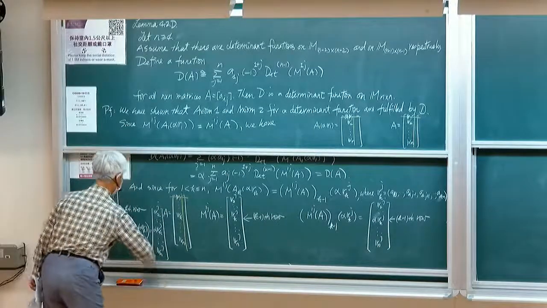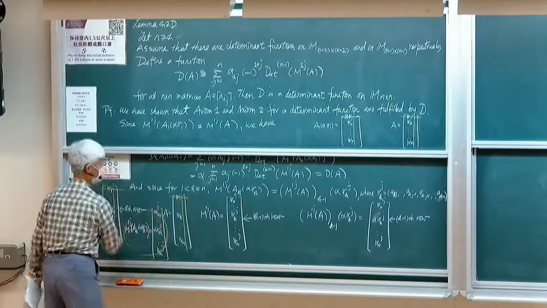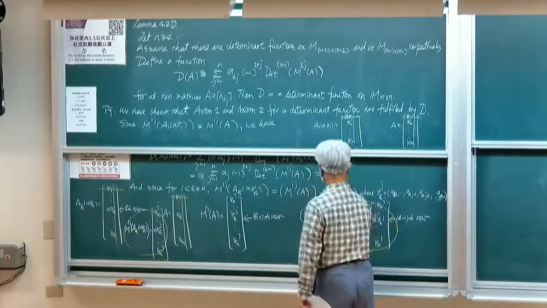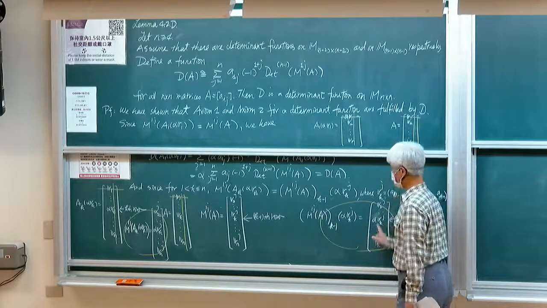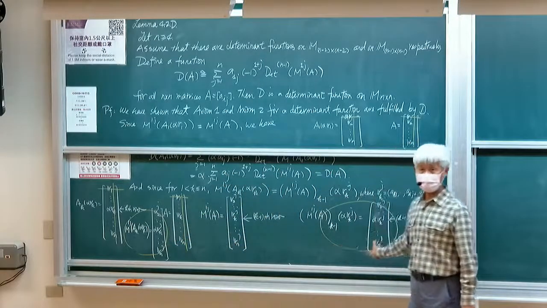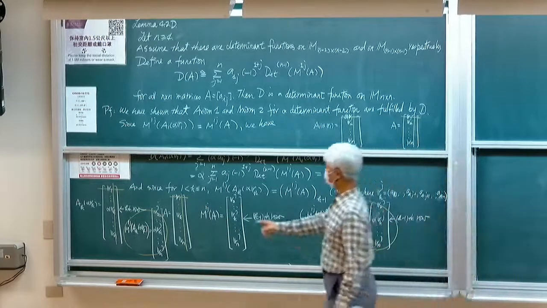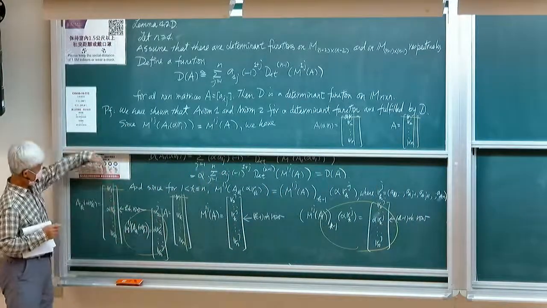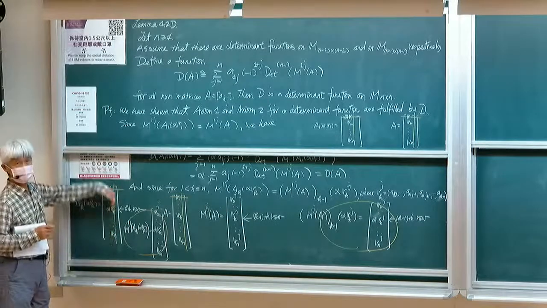Okay, so look at this one and this one. So you can see that they are equal, right? Because we start with R2J, because we already deleted the jth column, right?